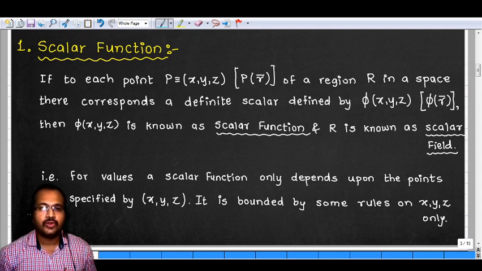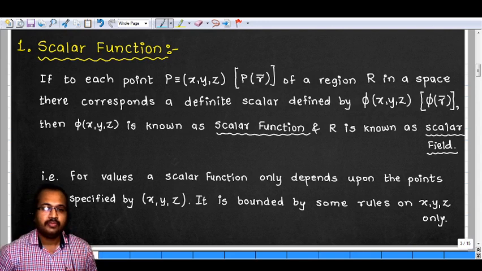So for the values of a scalar function, it depends upon its variable set x, y, z, but it does not depend upon the direction. So it is bounded by the rules on variables x, y, z only.